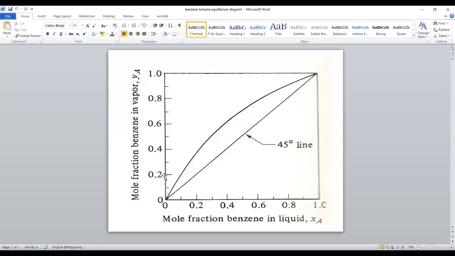So your 0.19, if this is 0.2, this is 0.1, is somewhere here. You connect this point to that point which you have projected here for your XD. That would be your enriching section operating line. Of course, you need not connect it really from this point up to there. So you will only reflect that line in this portion here.